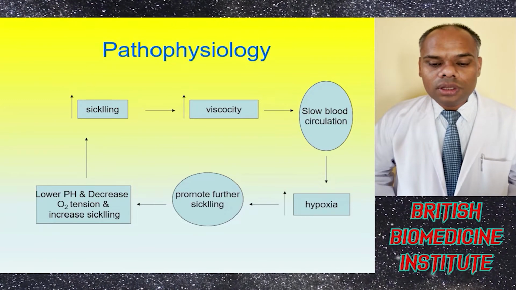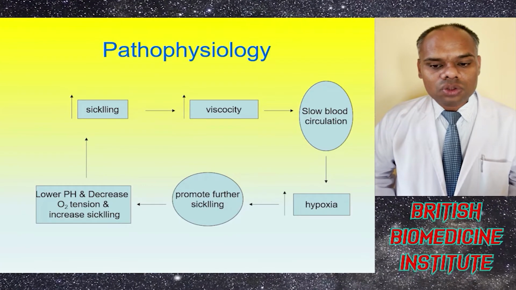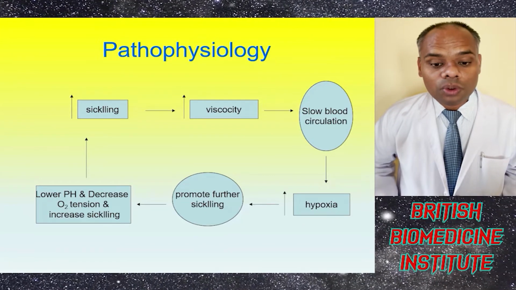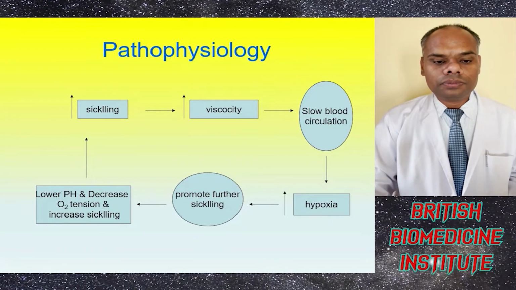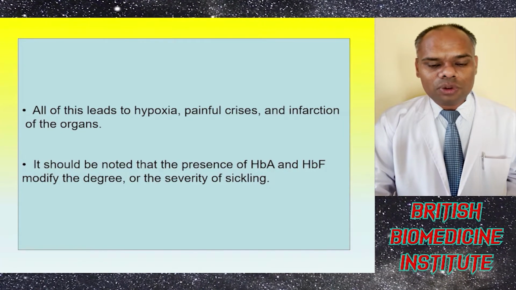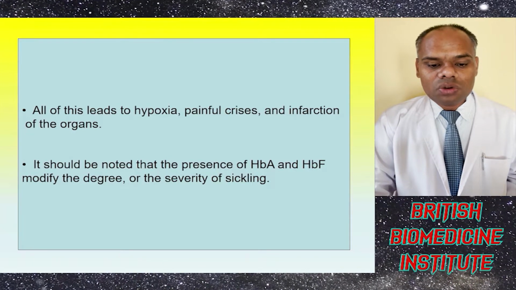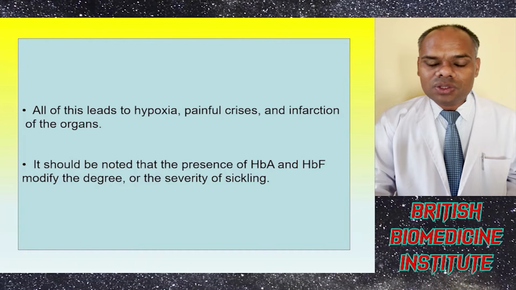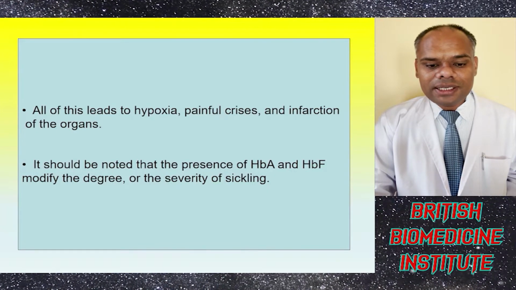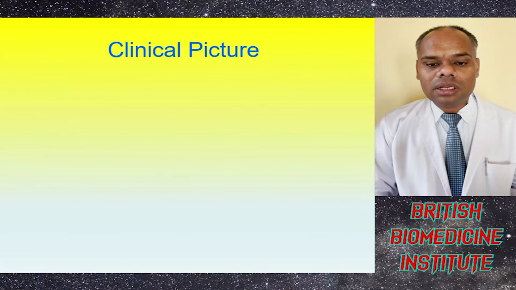If the viscosity increases in the slow blood circulation, it can result in hypoxia, which can further promote sickling. All of these lead to hypoxia, painful crisis, and infarction of organs. It should be noted that the presence of HbA and HbF can modify the degree and the severity of sickling.